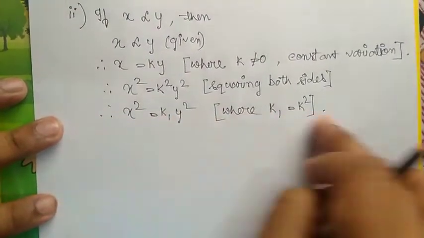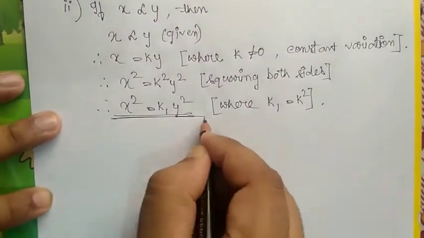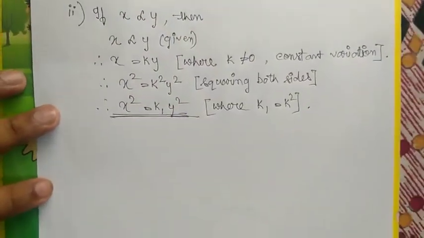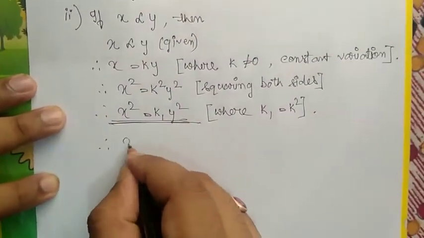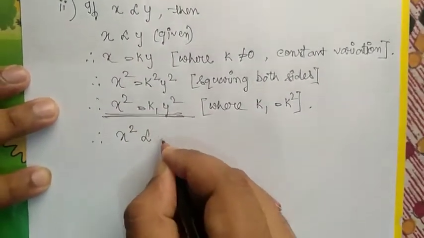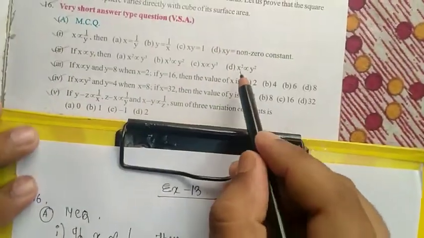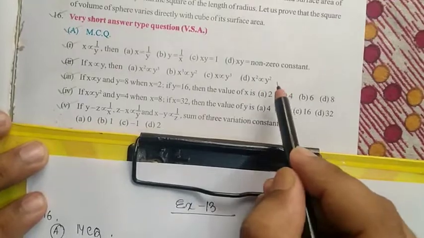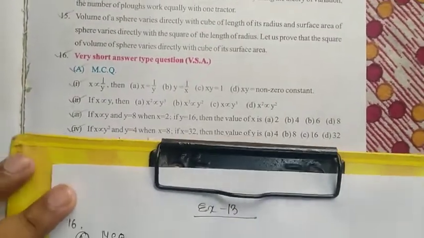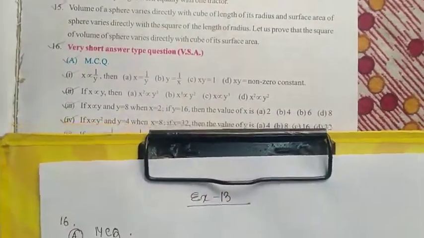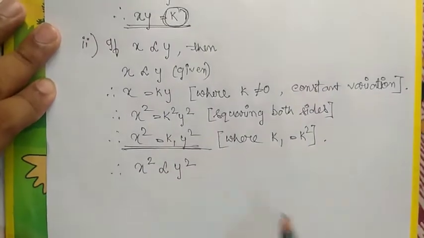We just assume that part. So this is the formation of a direct variation. So therefore we can write x square. Now therefore this option number D is the appropriate answer, x square direct variation with y square, and here we prove that x square direct variation with y square.